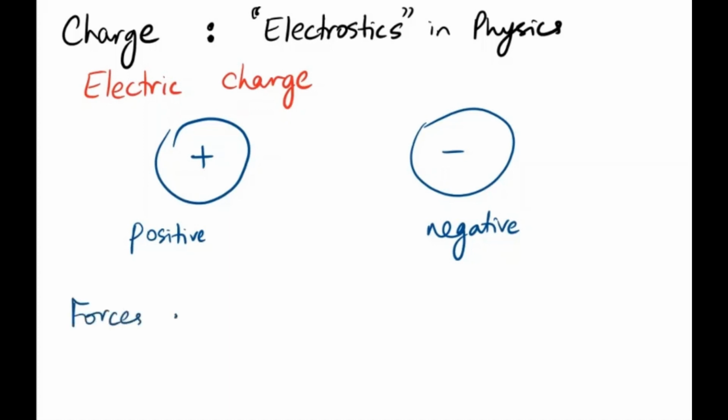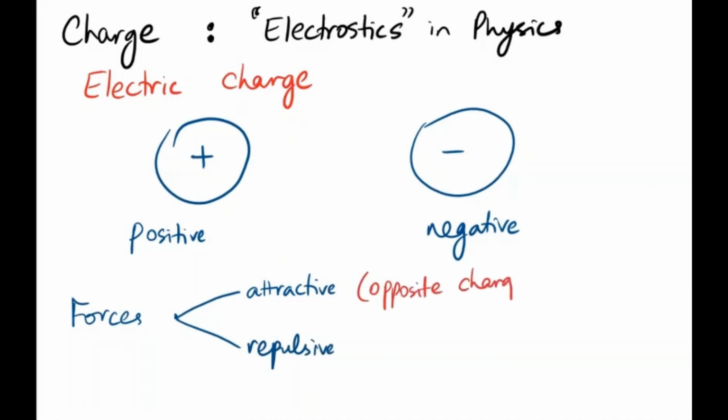Now, there is some force involved between the charges, and we already know that the forces can be attractive and repulsive. So what it means is that if we have opposite charges, for example a positive and a negative charge, and we bring them close together, they're going to be attracted towards each other.